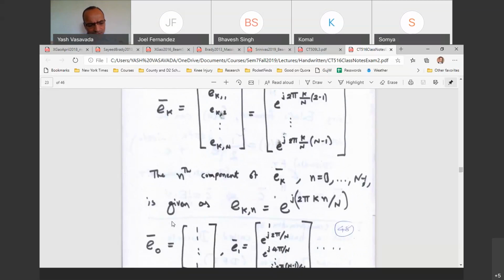So my question to you is whether the same exact DFT concept can be applied to the antenna arrays also? What do you think? It makes sense to say that we can do something like DFT for the antenna array output.